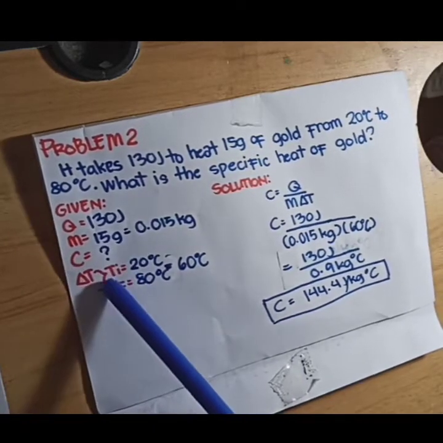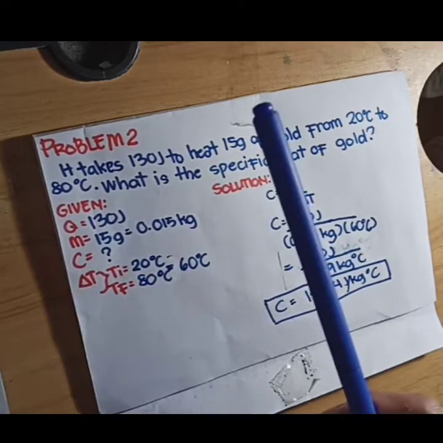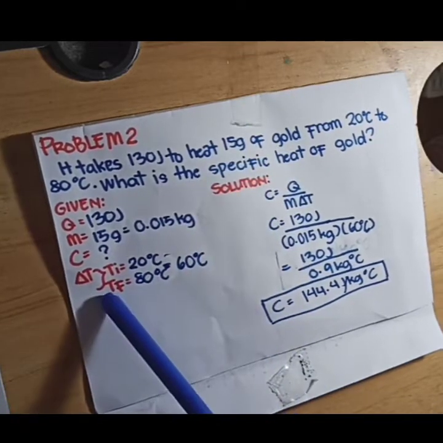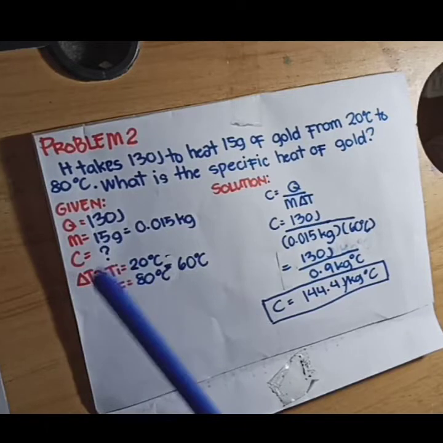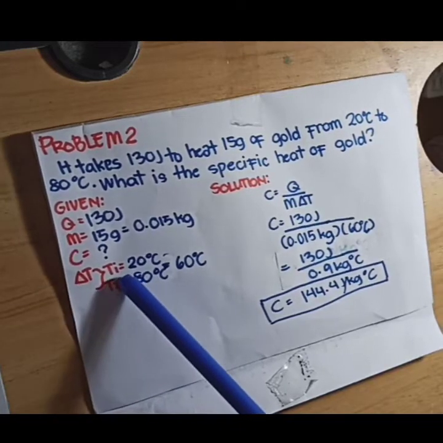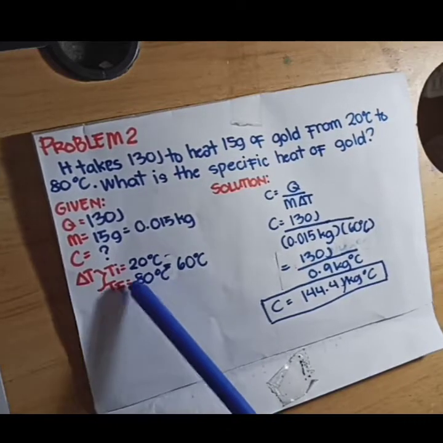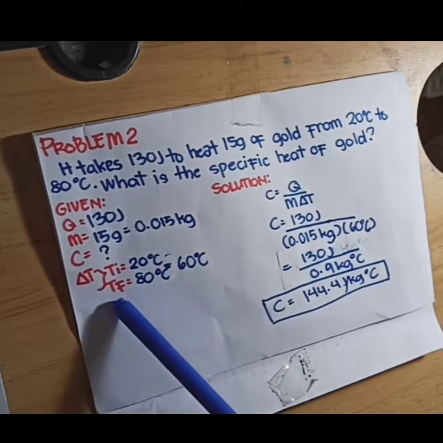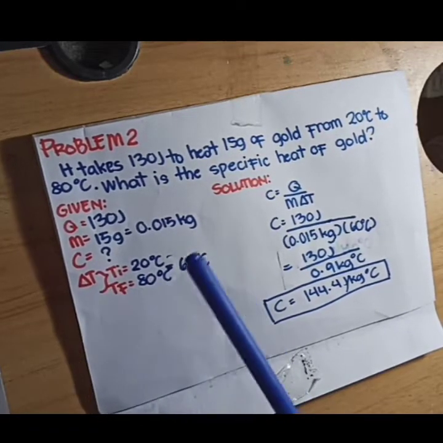And the specific heat is equal to question mark. And we have here the change in temperature. The initial temperature is 20 degrees Celsius, and the final temperature is 80 degrees Celsius.